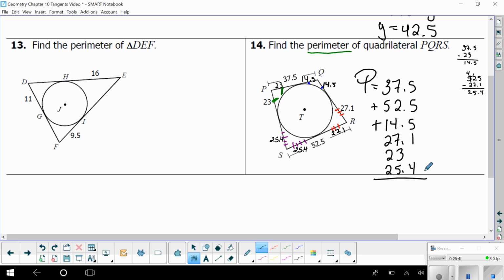I did this one, I did that one, and I did this one, and I did that. If you add up all of those, it comes out to 180. And we're done. That's it.